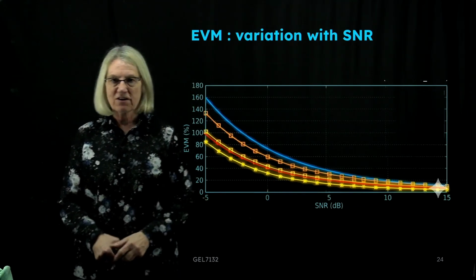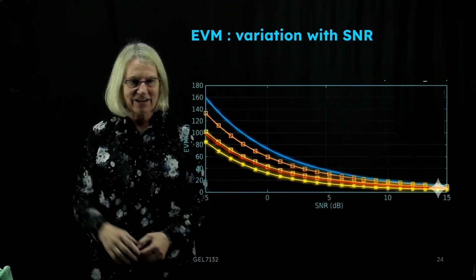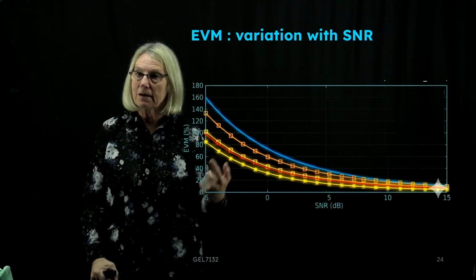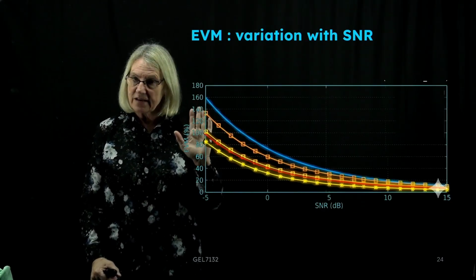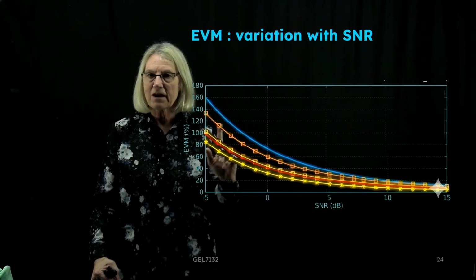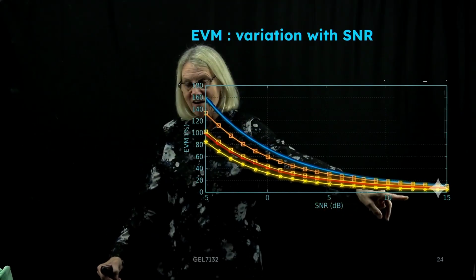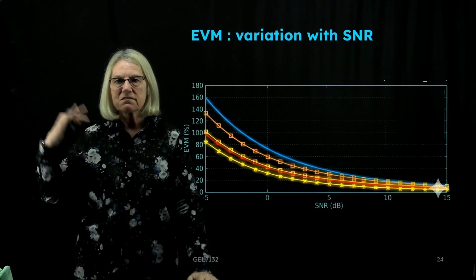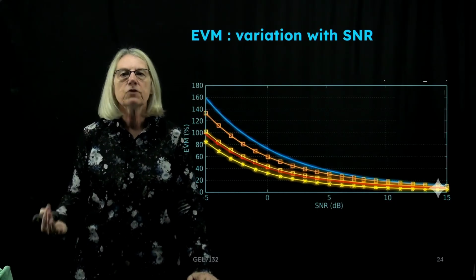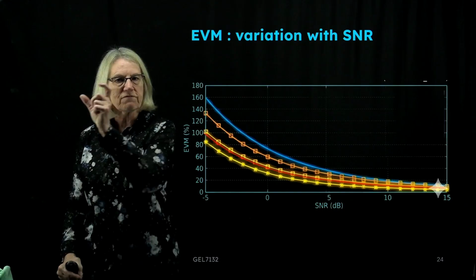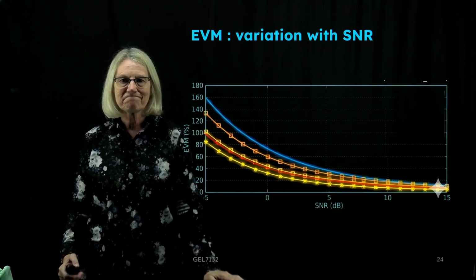I'm making a lot of errors, the lengths of the vectors are not accurate, and so the discrepancy becomes quite large. BPSK, not an issue, but for other ones, be careful when using EVM. Of course, if we're at very high SNR, as I mentioned earlier, there's not much discrepancy. There are very few errors. There are very few times when the vector should have been a different length.